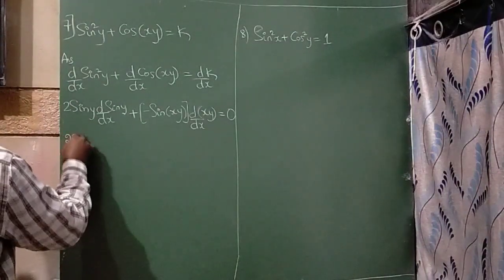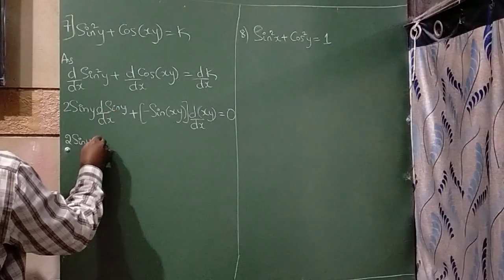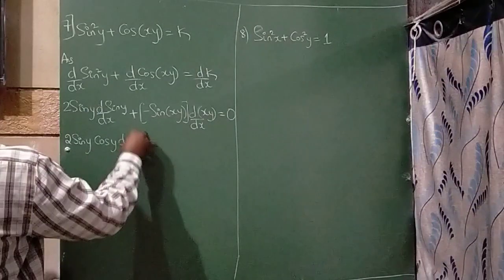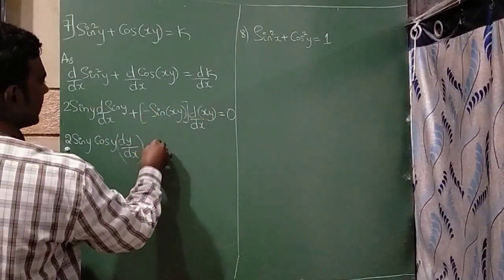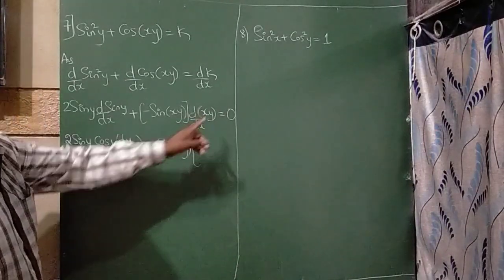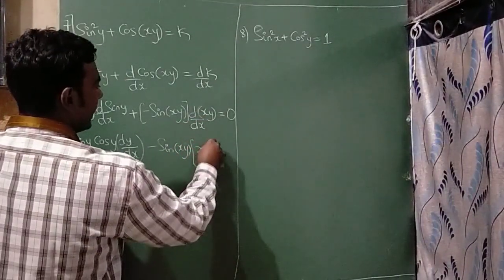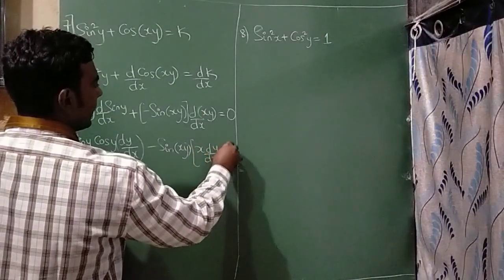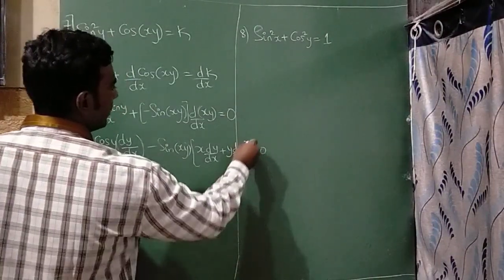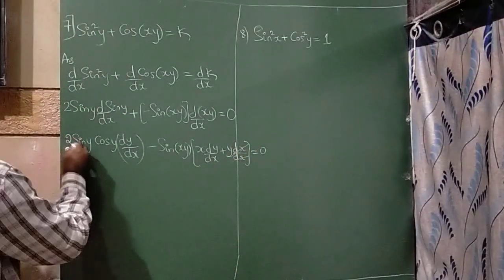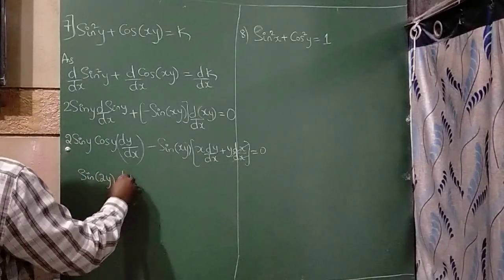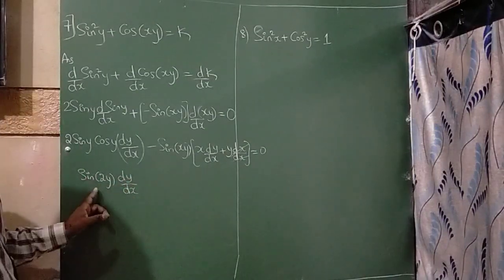Okay, so here 2 sin y, d/dx of sin y is cos y dy/dx, plus into minus will become minus sin xy. Now this is a product rule. So what I have to write here? x d/dx of y plus y d/dx of x is equal to 0. The dx gets cancelled. So 2 sin y cos y means it is sin 2y. This is again a formula.